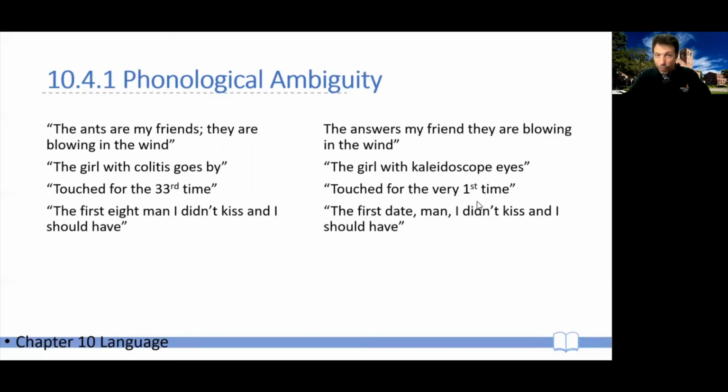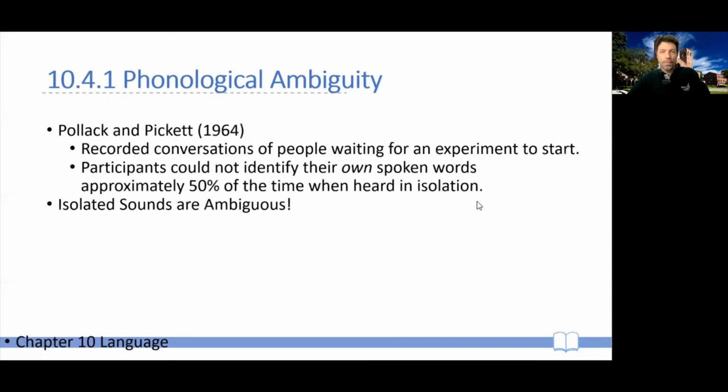And of course, these are funny, but these things happen all the time, as proof of just how hard it is to parse a signal which is inherently variable and very ambiguous. Now, in the lab, a classic demonstration of the ambiguity of the linguistic input was offered by Pollack and Pickett back in 1964.